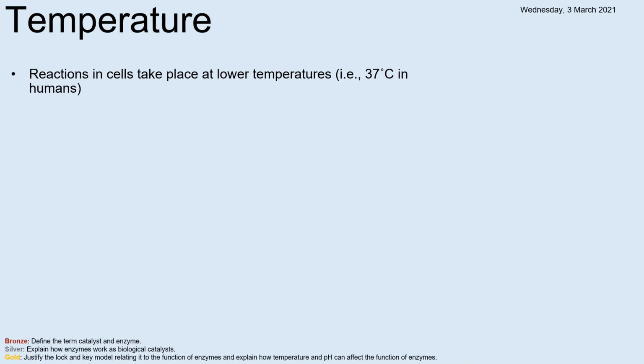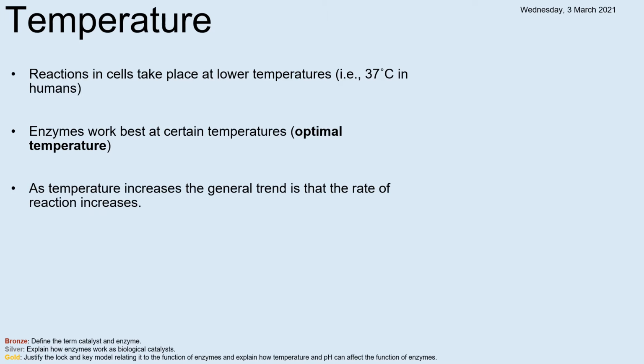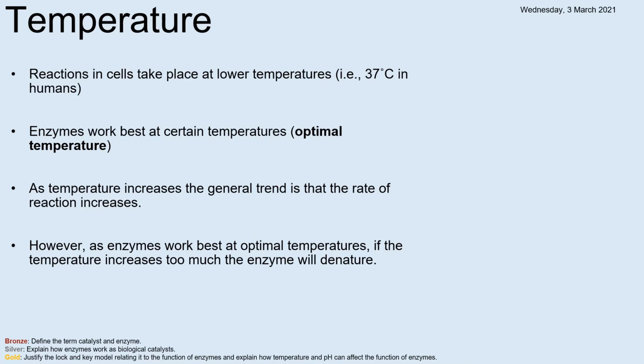Okay, so temperature then. Reactions in cells take place at lower temperatures, for example, 37 degrees Celsius in humans. Enzymes work best at certain temperatures, as we learned last lesson, and that is their optimal temperature. As temperature increases, the general trend is that the rate of reaction also increases.